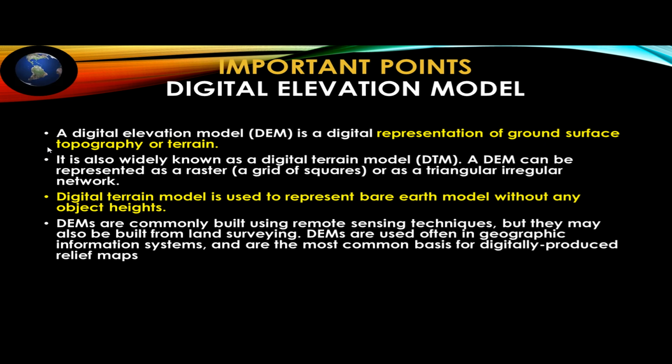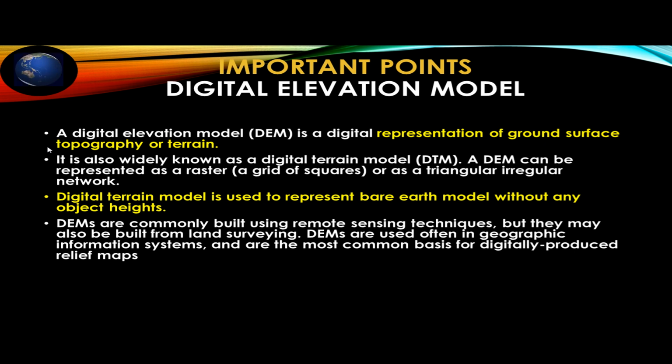So a DEM can be represented as a raster, a grid of squares, as I showed you how the raster resolution is in a grid of cells, number of rows and columns, or as a triangular irregular network. The digital terrain model is used to represent bare earth model without any object heights.